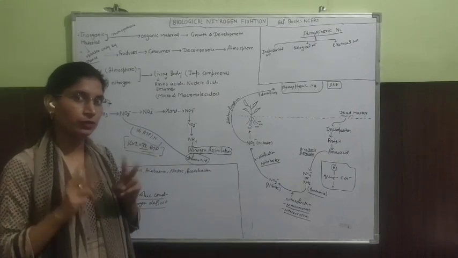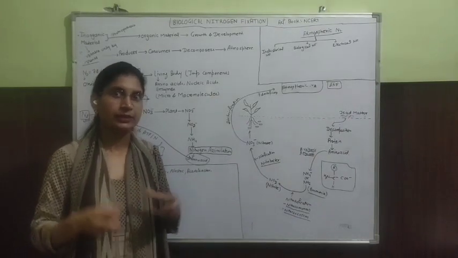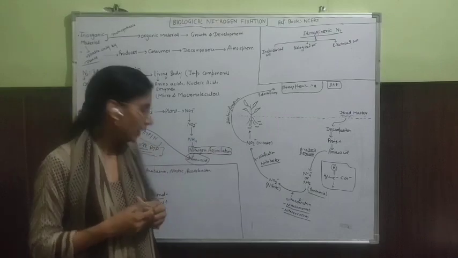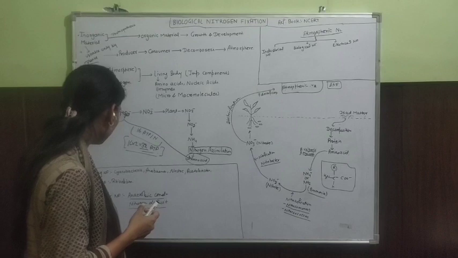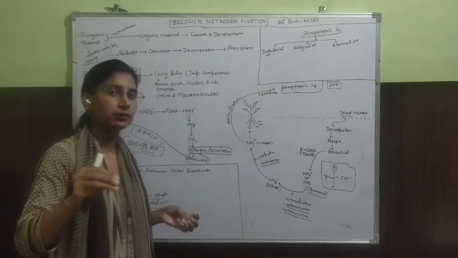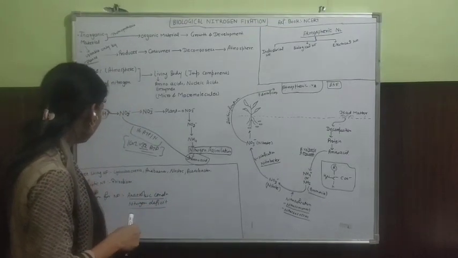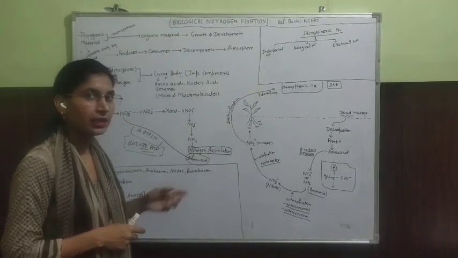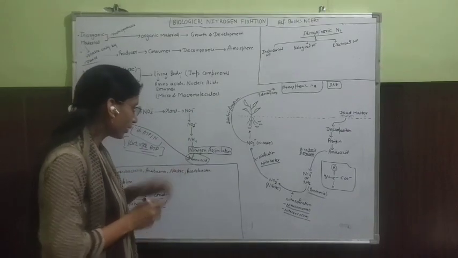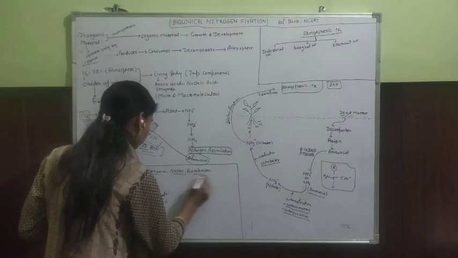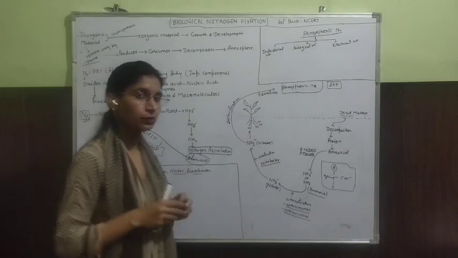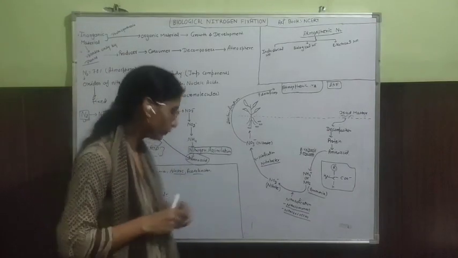Symbiotic is where two living bodies come in contact, interact with each other, and give benefit to each other and fix the nitrogen. That's why it is called symbiotic nitrogen fixation. Among the free living ones are the cyanobacteria, called blue-green algae, in which Anabaena, Nostoc and Azotobacter are present. Because they fix nitrogen, they are called nitrogen fixers.